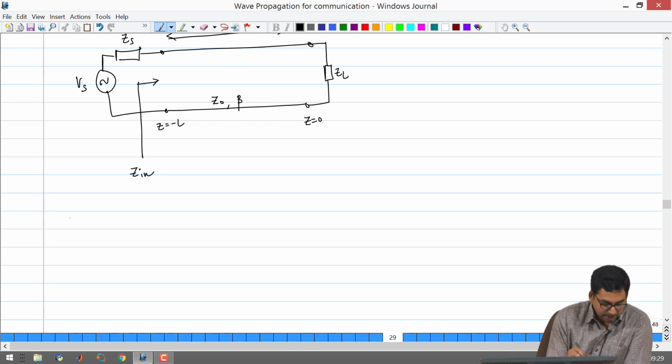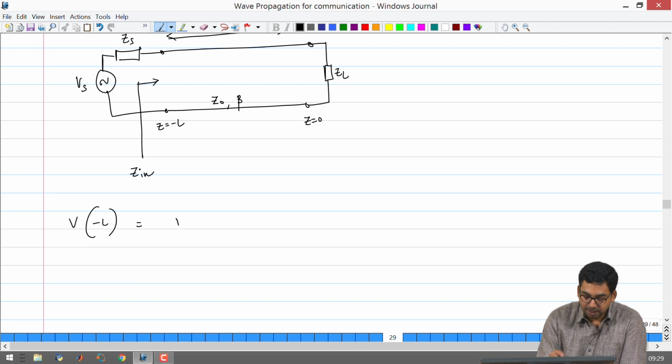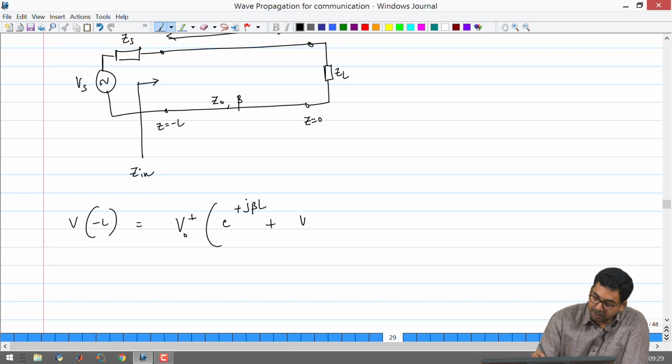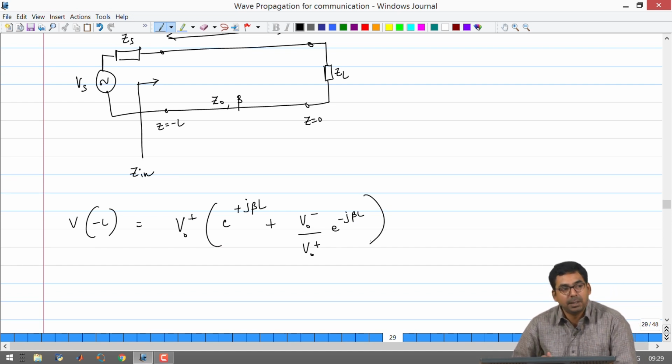I can start with the expression for what will happen at the input. So, it is V at z equal to minus L in our expression. I am just going to write this down. I have V naught plus e to the plus j beta L, minus j beta times minus L, plus V naught minus e to the minus j beta L. So, I have just taken the general solution for the voltage with respect to space, and substituted z equal to minus L, since I am looking at the input end.